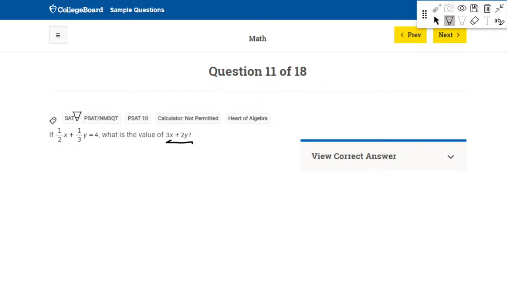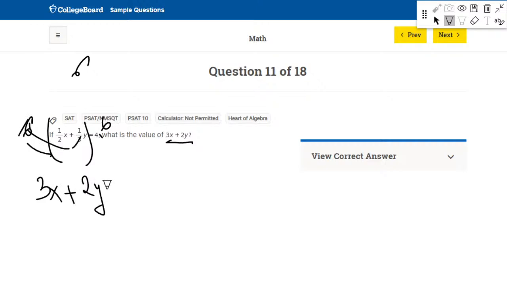It's 6. So I multiply each side by 6. What I get here is 3x plus 2y equals 4 multiplied by 6, which is 24. Oh, actually I found what was asked. So it's 24.